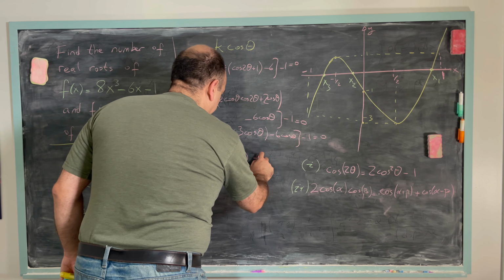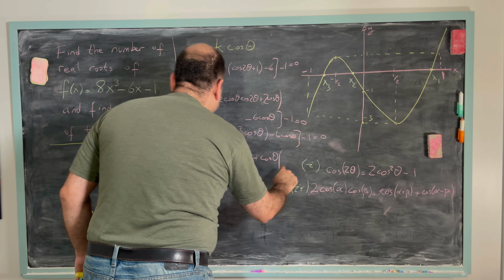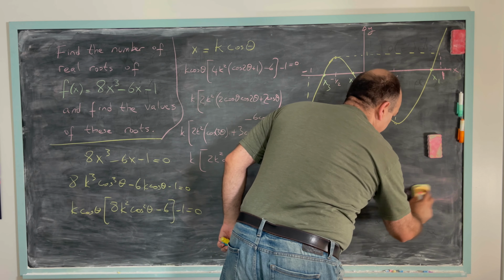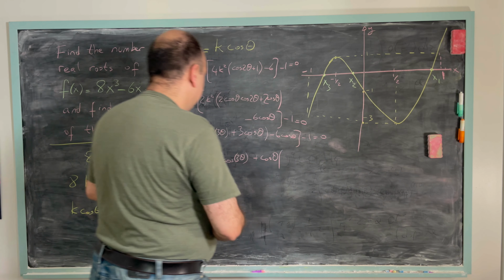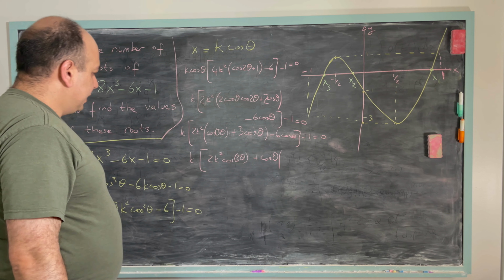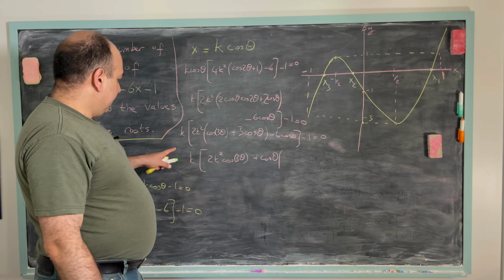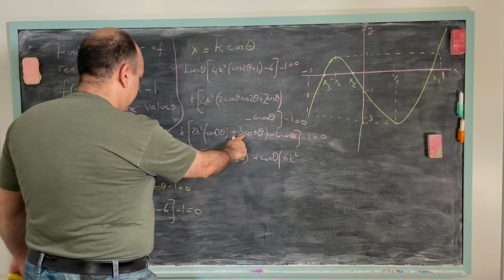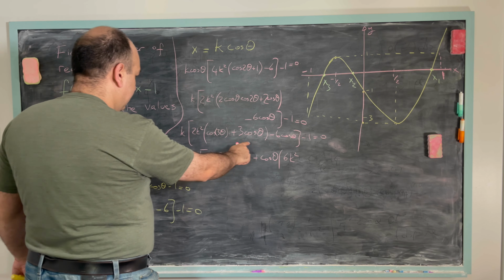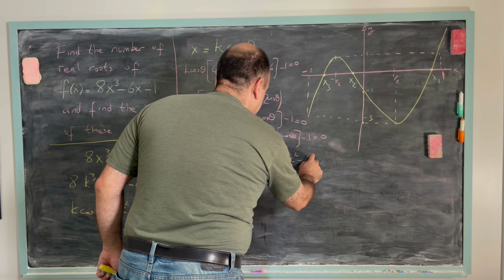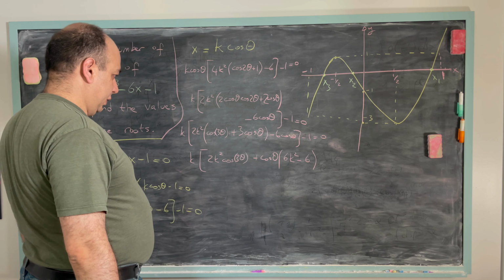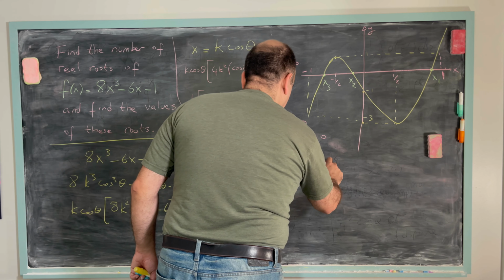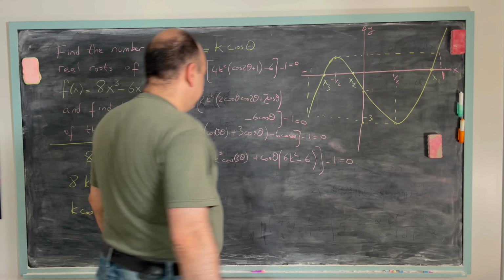And for the cosine theta parentheses, I'll just erase these, don't need those anymore. Cosine theta parentheses, I'll have 6k squared, right? And I have minus 6 here. Okay, this is good. And then this is closed, and this is minus 1 is equal to 0.